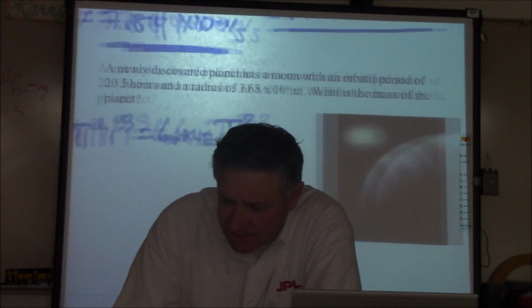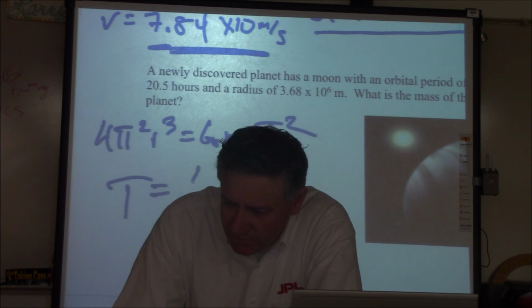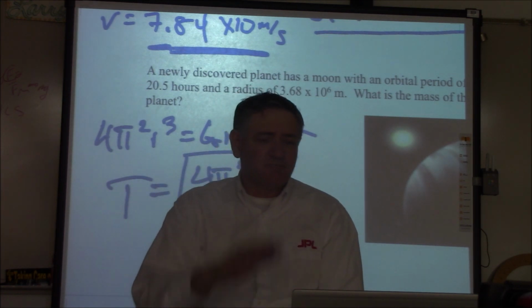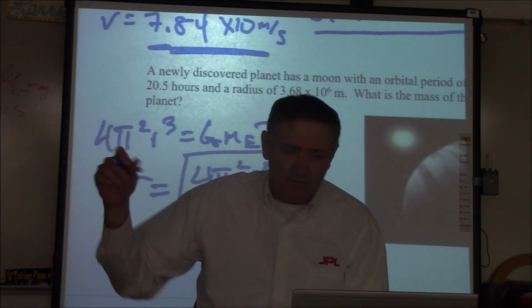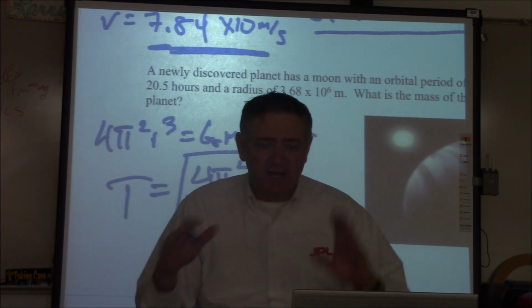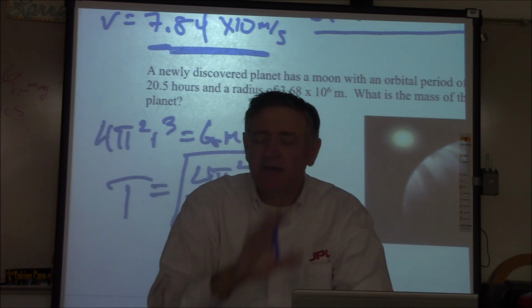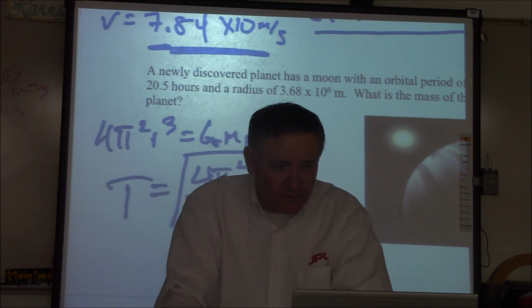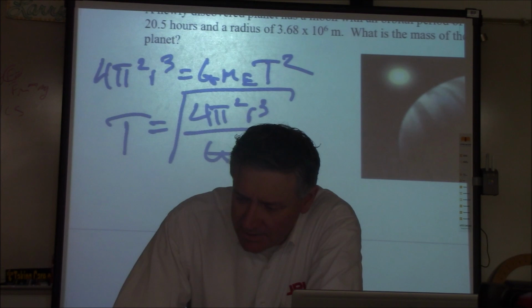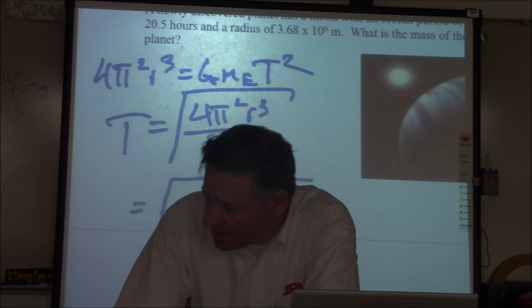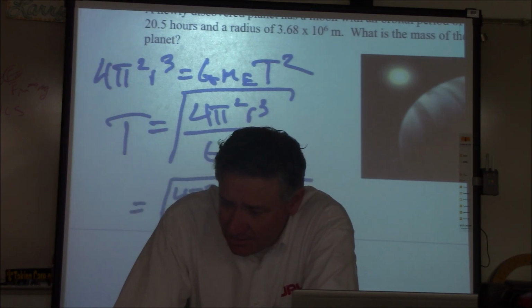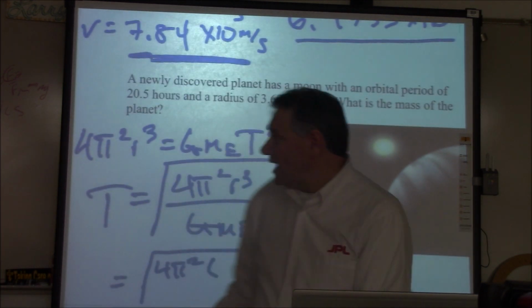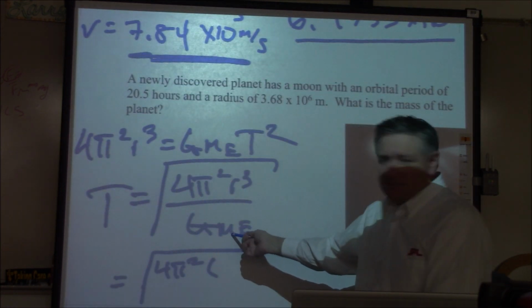Because it's much easier to go, oh, t is going to equal 4 pi squared r cubed over big G mass of the Earth, and the square root of all of that. That's much easier to do than writing out all of those numbers and then trying to solve this equation, okay? Solve the equation first, I beg of you. I don't even care if you don't write out the value for big G and the mass of the Earth.